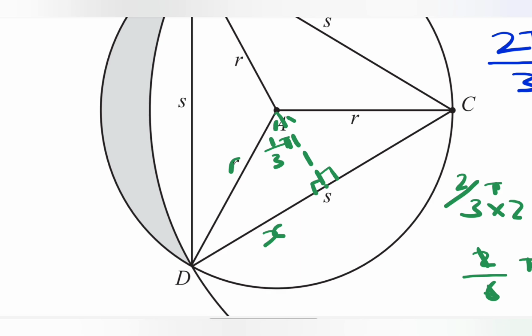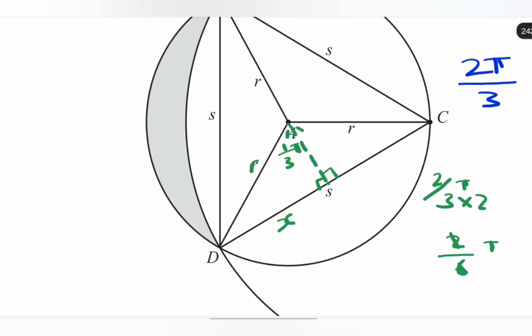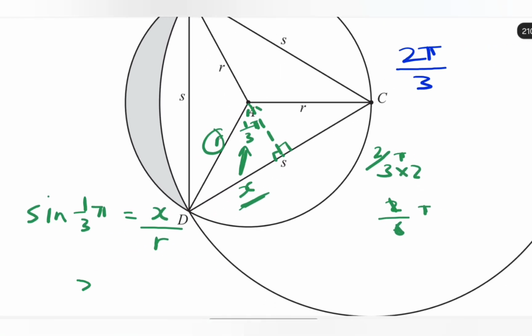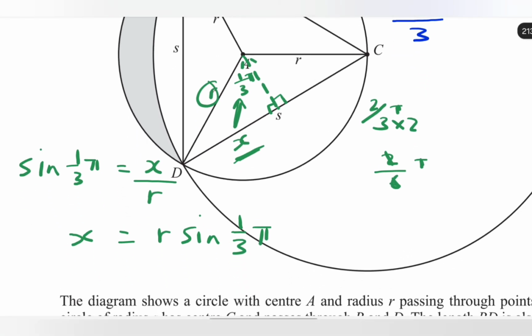Now we can use our trig functions to say this is opposite this angle and this is the hypotenuse. So we could say sine a third pi is equal to the opposite x over the hypotenuse r. So then x will be r sine a third pi.